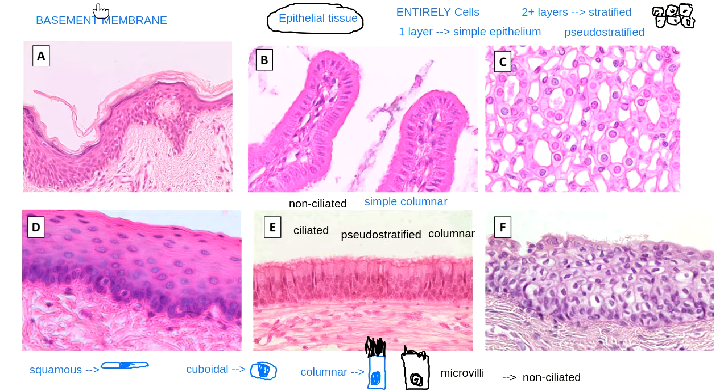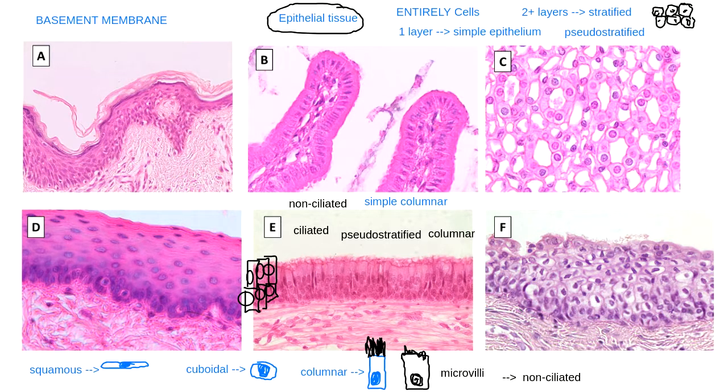Let me show you, if we were to have actually stratified columnar epithelium, what we would see instead is something like this. So let me add a few cells over here. We'd see something like this, and in those cells, let's see if drawing circles works. We would see nuclei in one line and nuclei in another line.